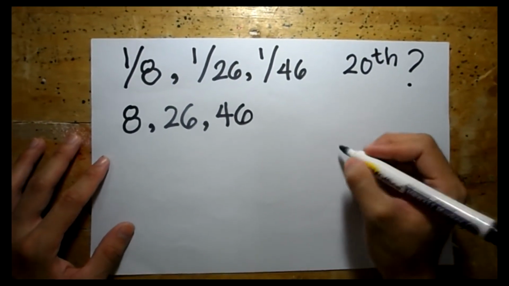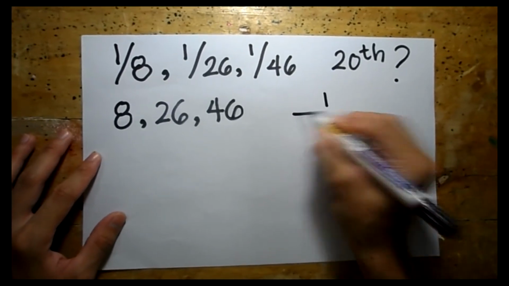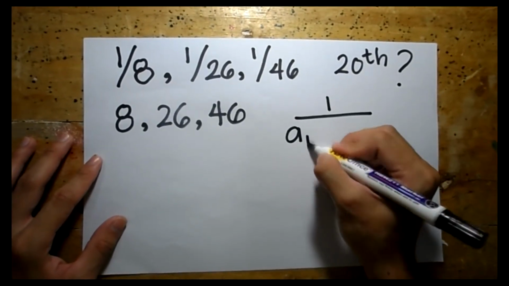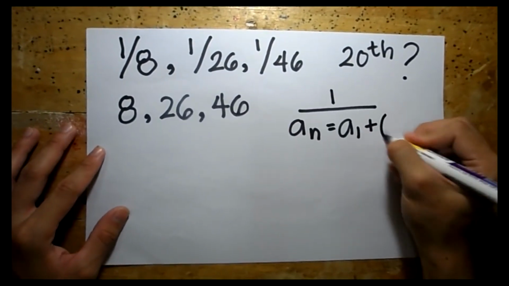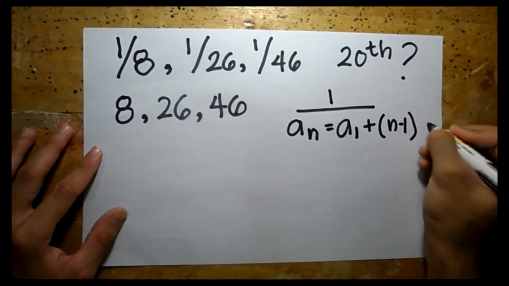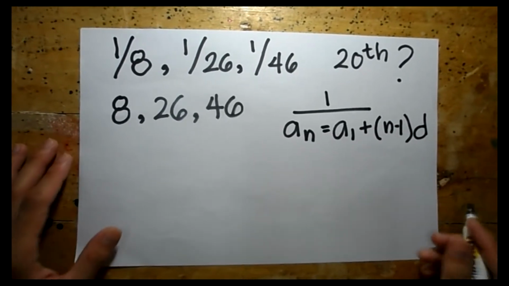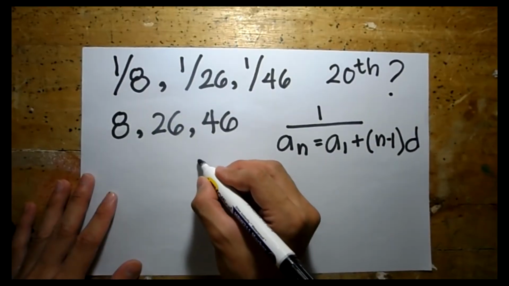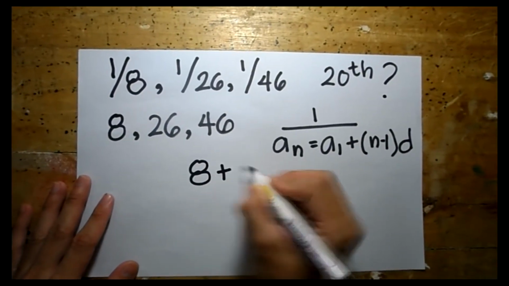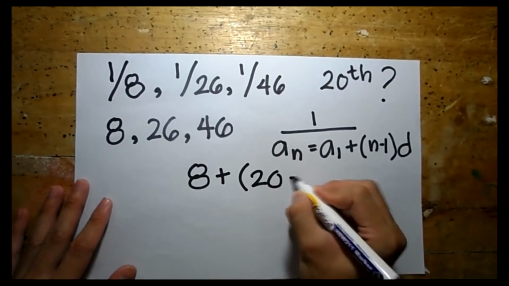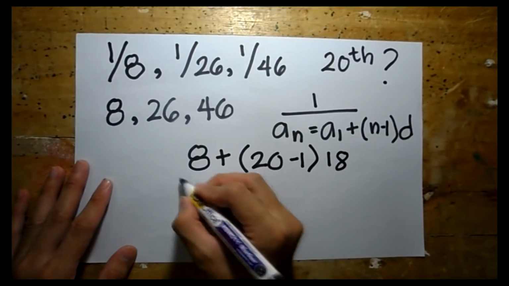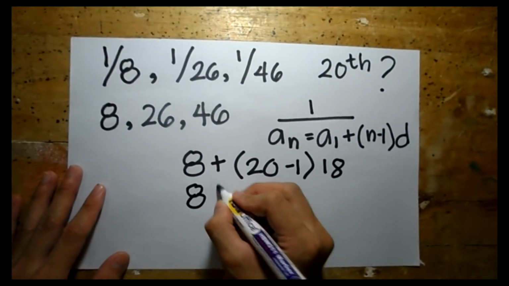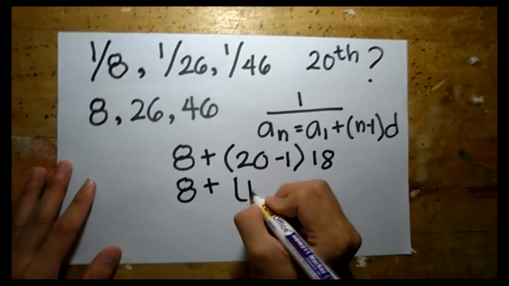We can use the formula 1 over a sub n is equal to a sub 1 plus the quantity n minus 1 multiplied by d. Substitute the given values, which are a sub 20 is equal to a sub 8 plus 20 minus 1 multiplied by 18. 20 minus 1 and you get 19.